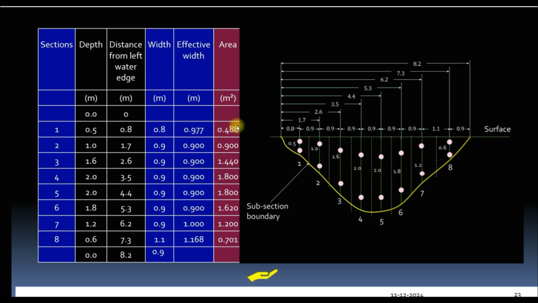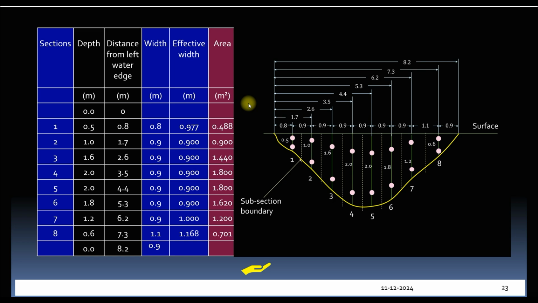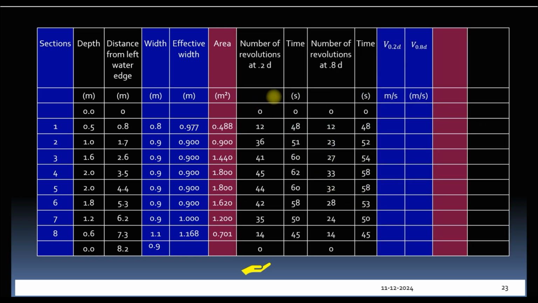Let us now calculate velocity at 0.2 D. Here, the rating equation of the current meter is given, which is this. For the first vertical, revolutions are 12 and the time taken is 48 seconds. So revolutions per second will be 12 by 48. Putting the value of N in this equation, we will get velocity equal to 0.058 meters per second.